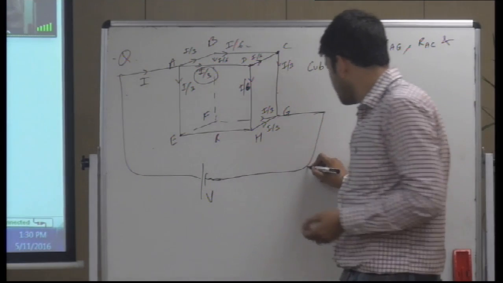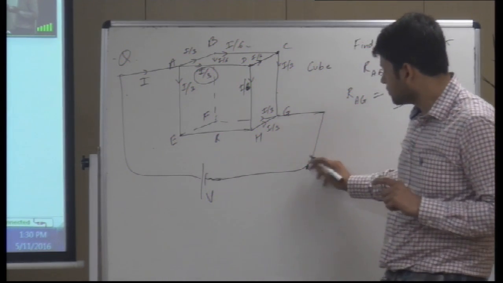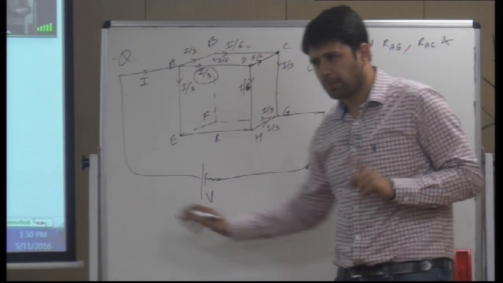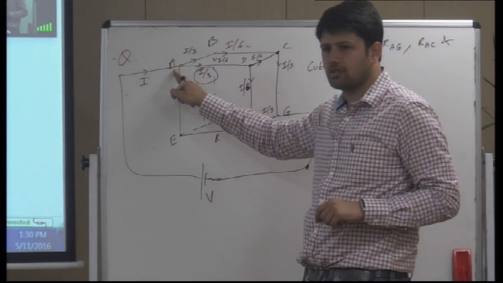Okay, this point, let's start from this point. When you jump across the battery, you get plus V. Here till here, no drop.